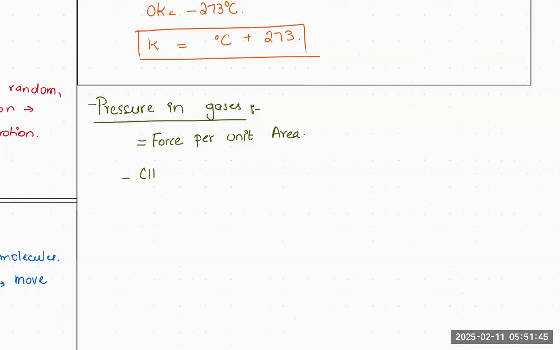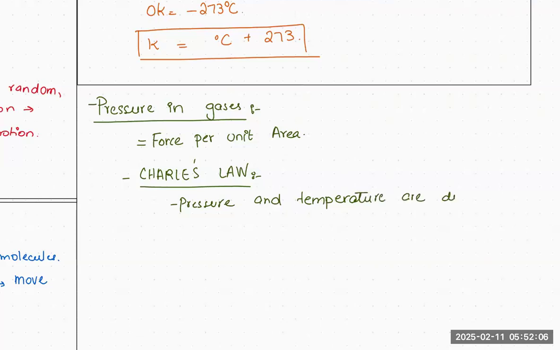So Charles' law basically states that pressure and temperature are directly proportional to each other, provided that the volume of the gas remains constant.